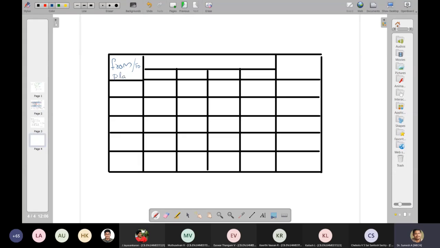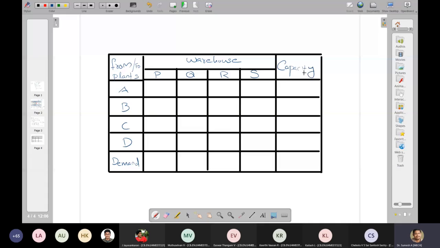Here you will have plants A, B, C and D. Below you can write the demand, and we will have warehouses P, Q, R and S. This is capacity.